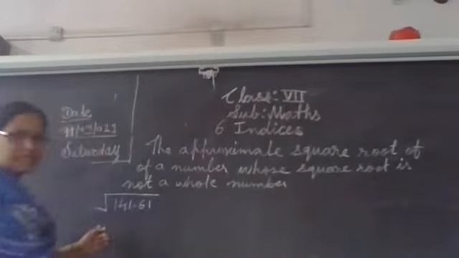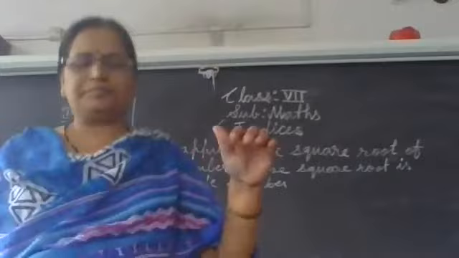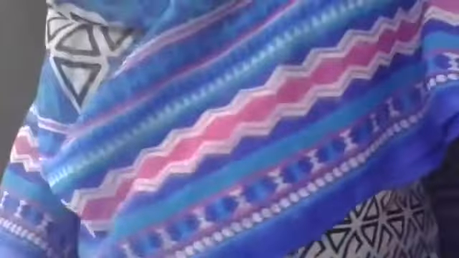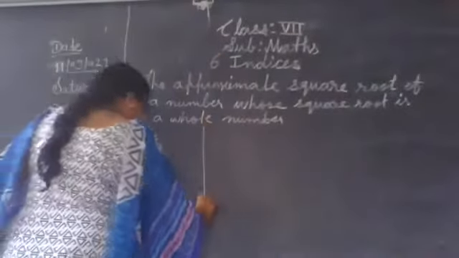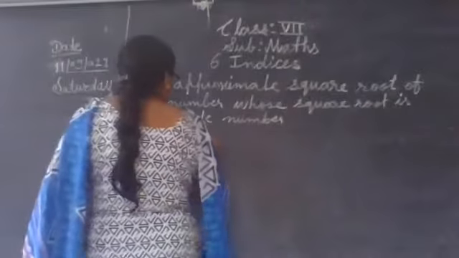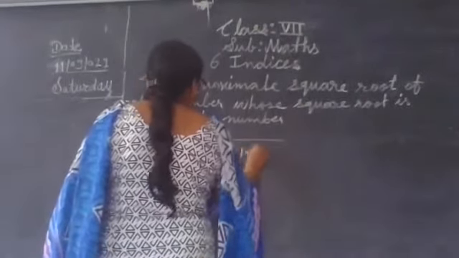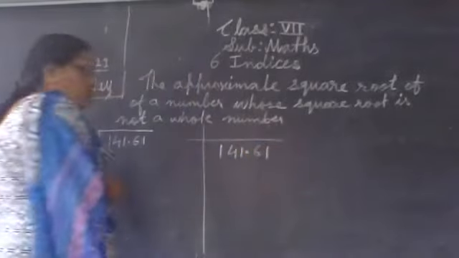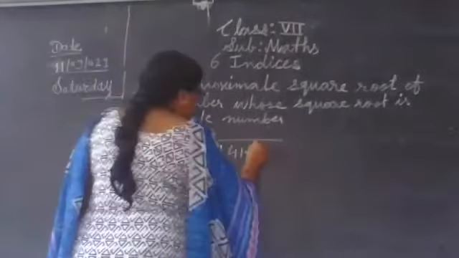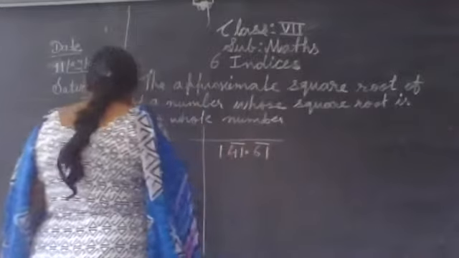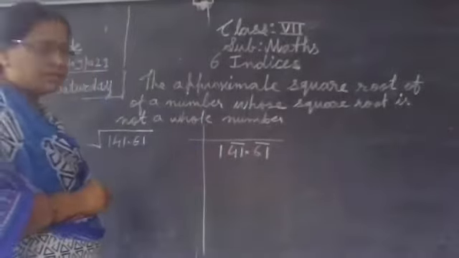See children, it is a decimal number, and you have to find the square root of this number. So first we will make the pairs.